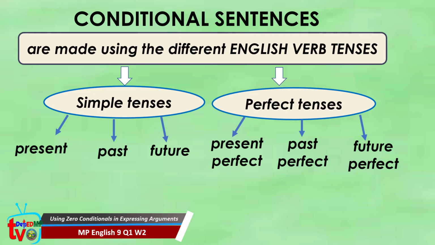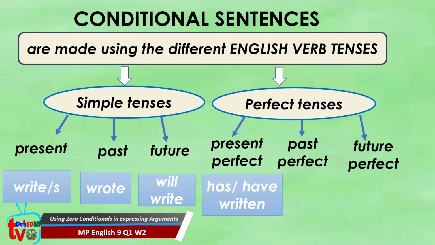To see how verbs transform with the 6 examples of tenses, let's make use of the verb write. The present tense would be write, writes. The past, wrote. The future, will write. Present perfect, has written, have written. Past perfect, had written. Future perfect, will have written.